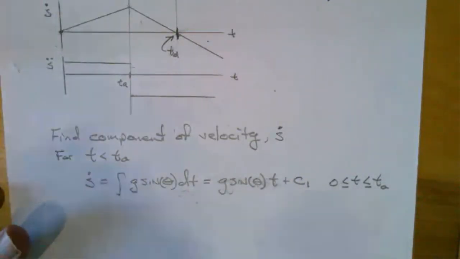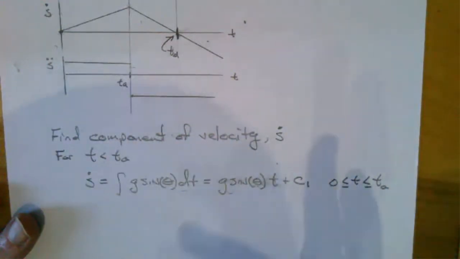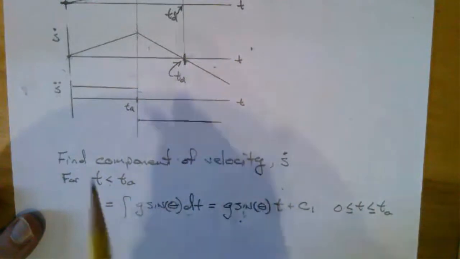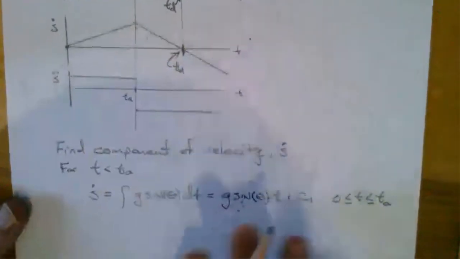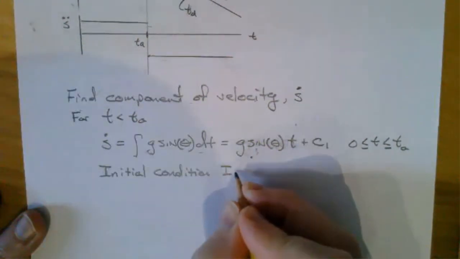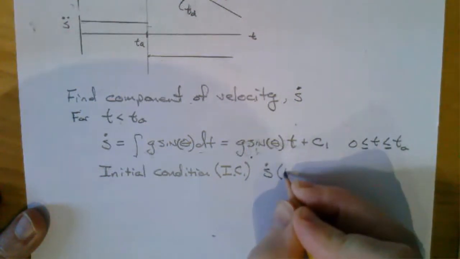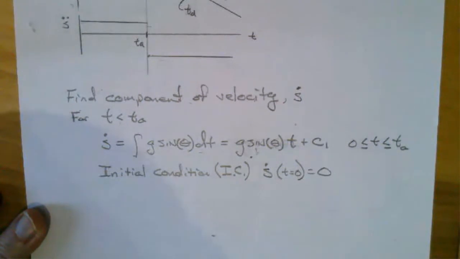You weren't given any constant here, right? Where's the constant? Well, the constant comes from the boundary condition, or in this case, the initial condition, right? We know that at time equals 0, S dot has to be 0, right? So I'm going to say initial condition, which I usually just abbreviate IC, is that S dot at t equals 0 has got to be 0, right?